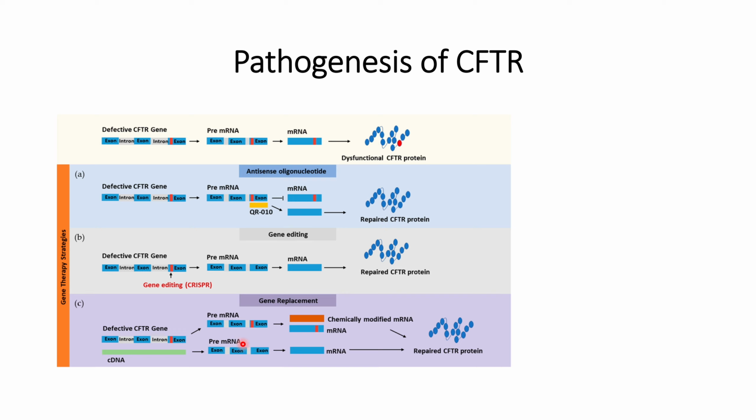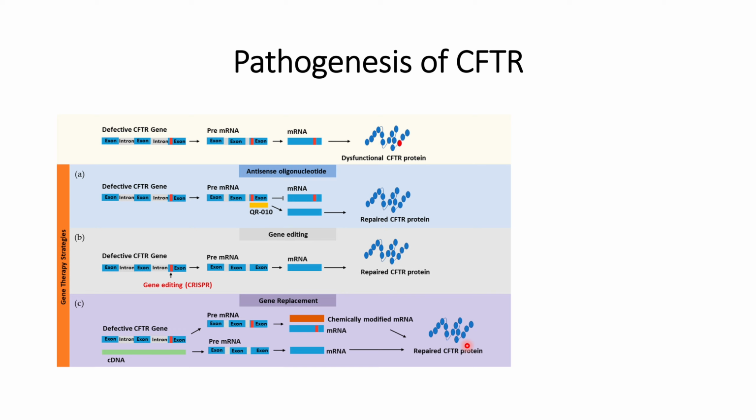Another approach is that this defective CFTR gene will form defective pre-mRNA, and then it will form mRNA, and this mRNA can be modified chemically to form a correct mRNA that can then be translated back to repaired CFTR protein.